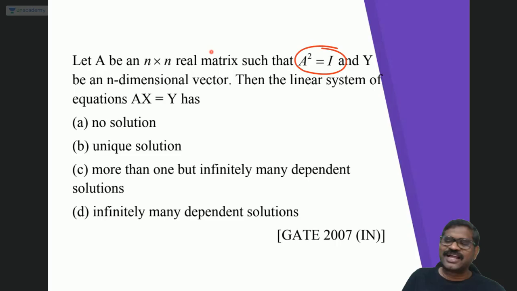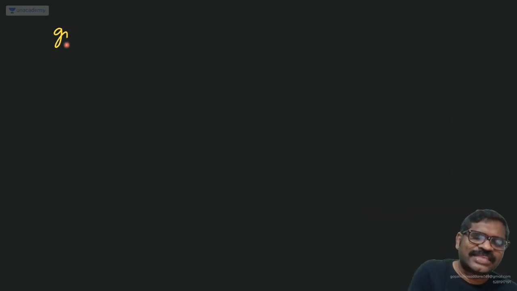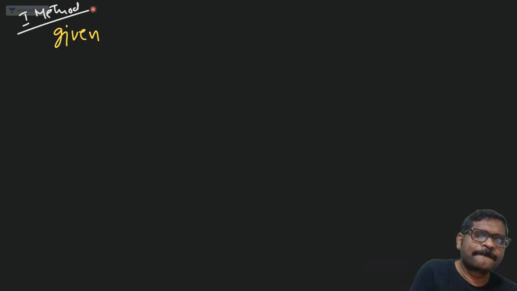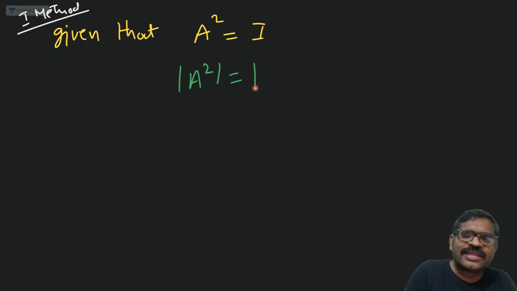Okay, concentrate. First method: given that A square equal to I. If A square is I, what is the determinant value of A square?